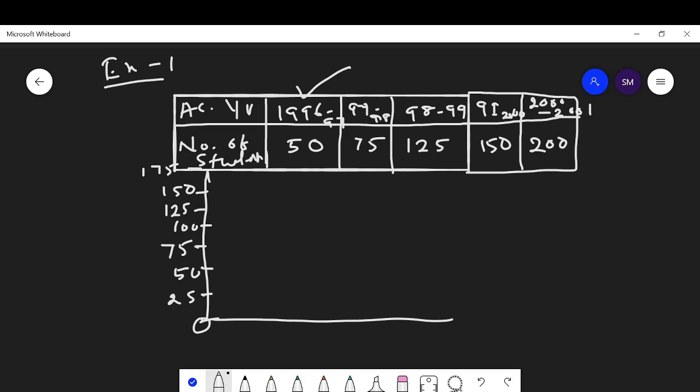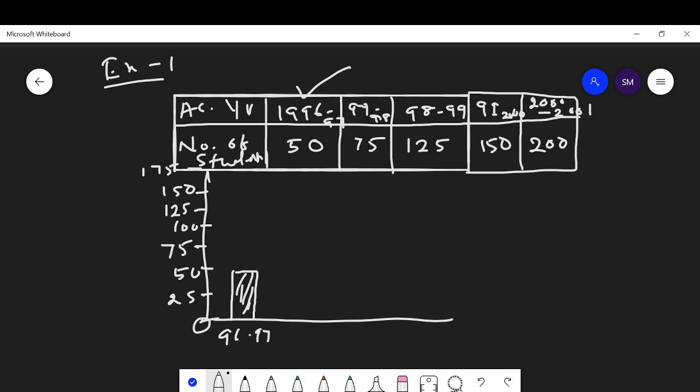Then here, this is the first, 96 to 97. This bar shows 96 to 97. How many students in 96 to 97? 50 students. This is the bar of 96 to 97. I have told you, always keep a uniform distance in the bar graph. Then we show 97 to 98.